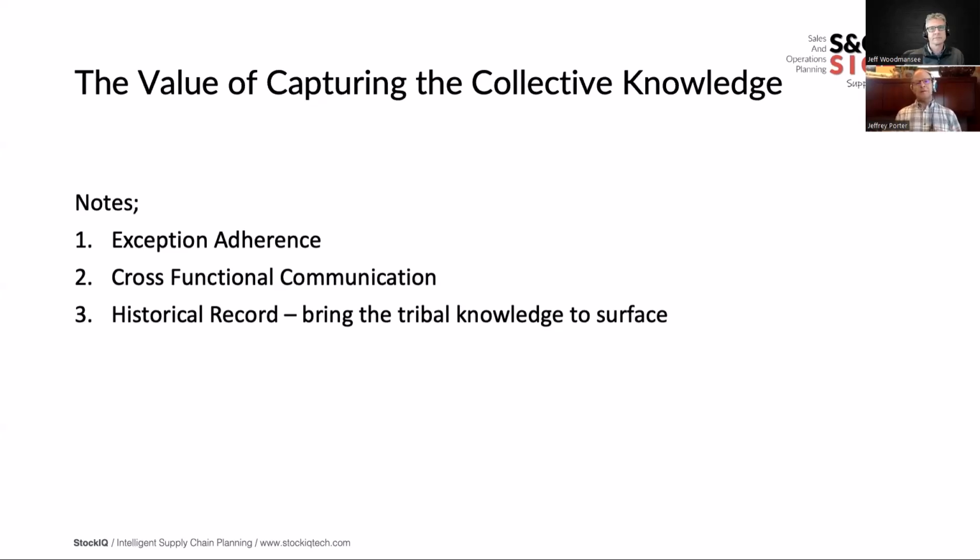So in long lead time environments, we made a decision months ago and all of a sudden we're sitting on a lot of inventory. We're suffering service level issues. Well, the results today were based on something that happened 6 months ago. That historical record allows us to go back, capture those notes, and begin surfacing what was going on.